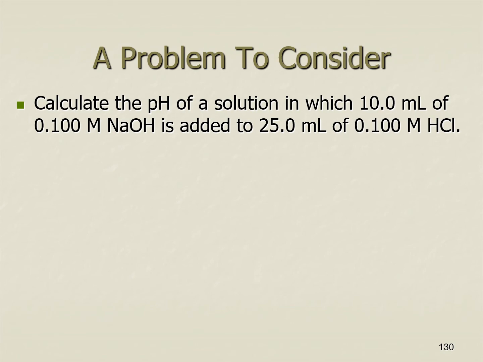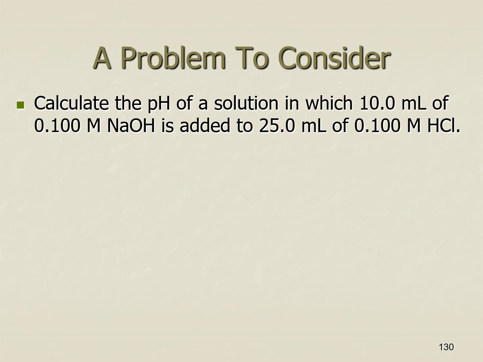So let's think about that. We already have 25 milliliters of 0.1 molar HCl, and then we've added 10 milliliters of 0.1 molar NaOH. I hope you can imagine that because both of the concentrations are the same, 0.1 molar, the equivalence point, if you can't see it, you can figure it out because moles of acid will have to equal moles of base.